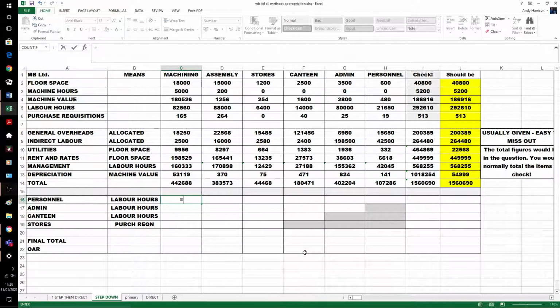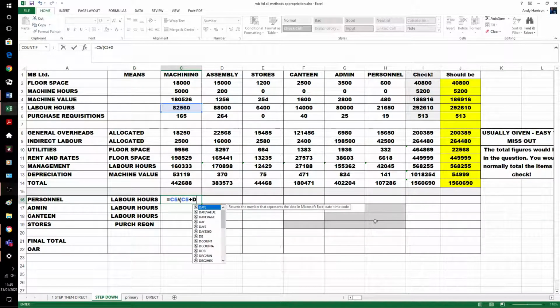So proportions first though. Labour hours is personnel, makes sense. In fact, the first 3 are all labour, make life easier. Divided by, now we don't want the total for the whole 6 departments, we've only got 5 left. I'm doing it in full.